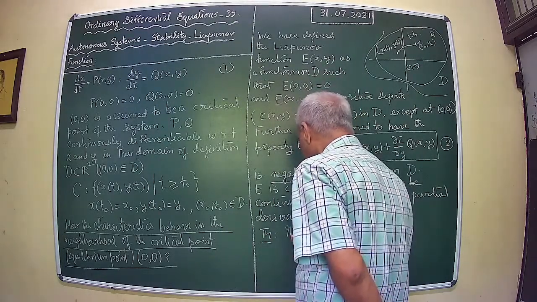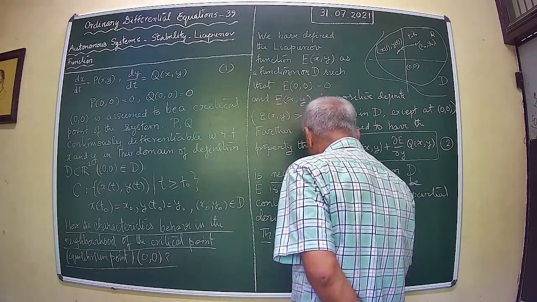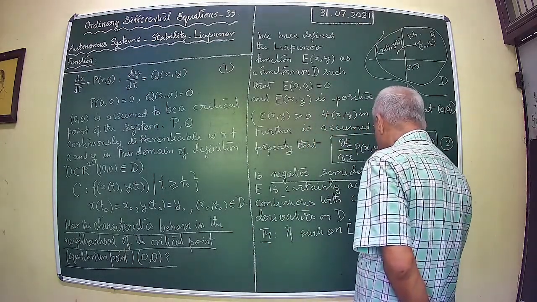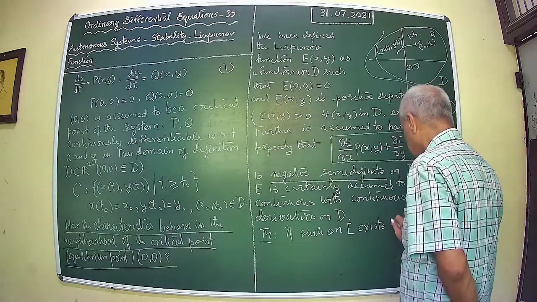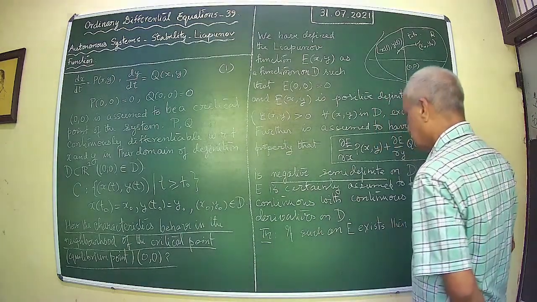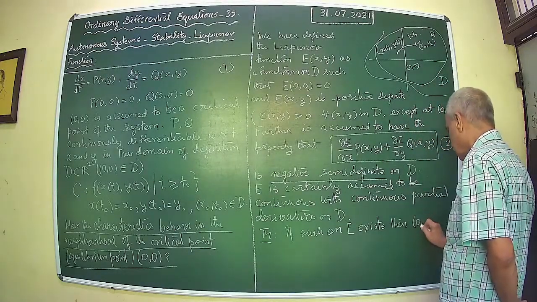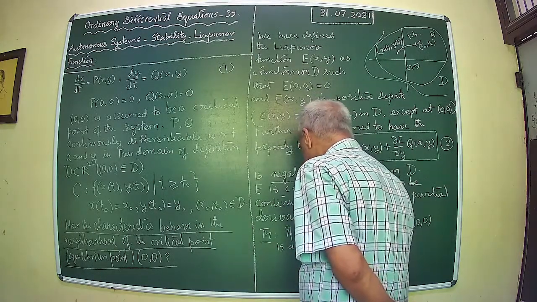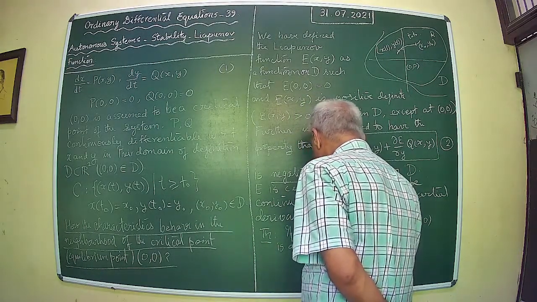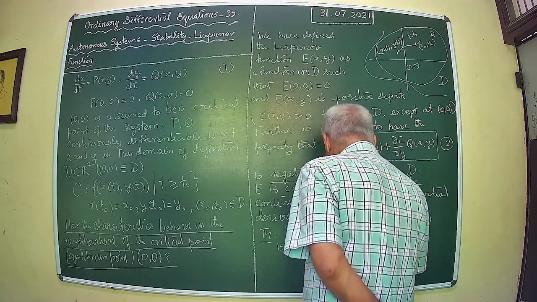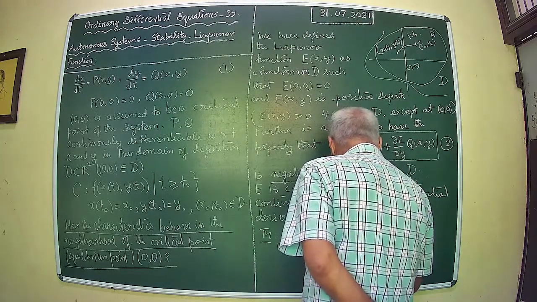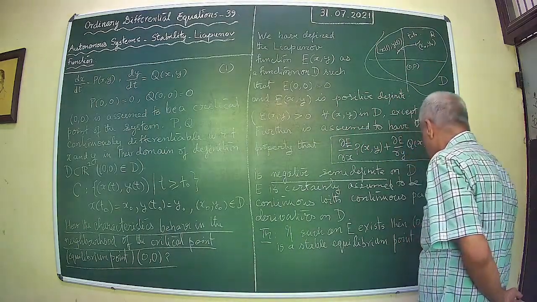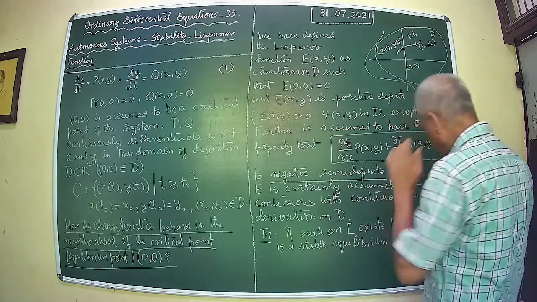If such a function exists, then it's a stable equilibrium point or critical point.